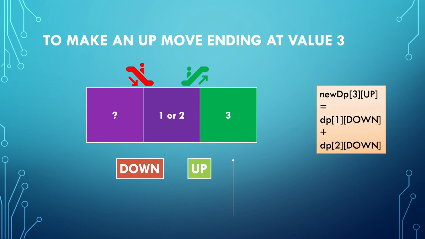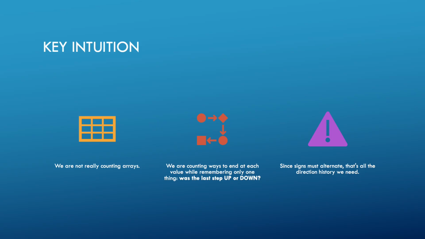So now let's say these were the possible values, 1 or 2. So we could get this value by dp1 of down and dp2 of down. So if we add this, what happens? We get how many valid arrays we can get, which ends with 3 when the last move was up.